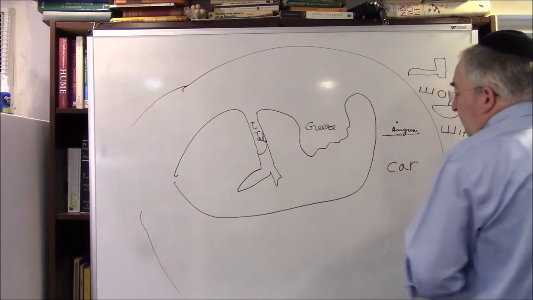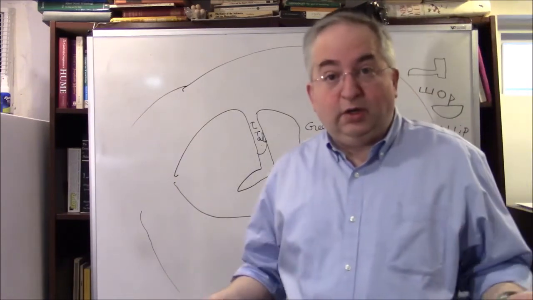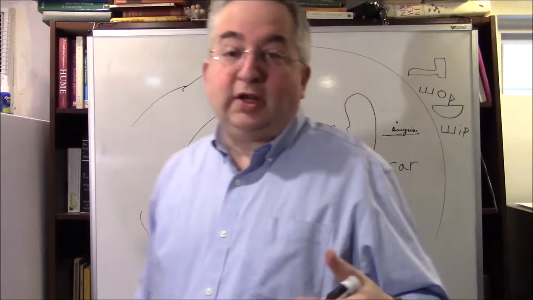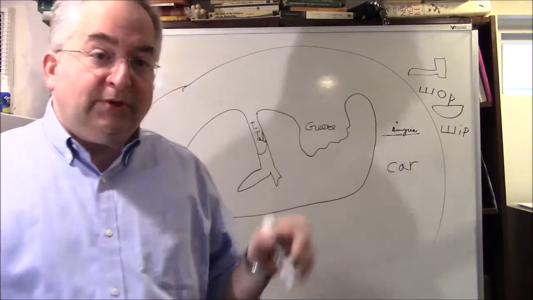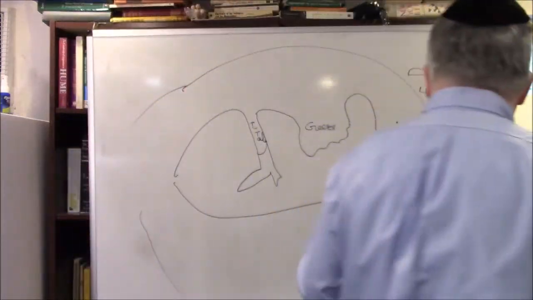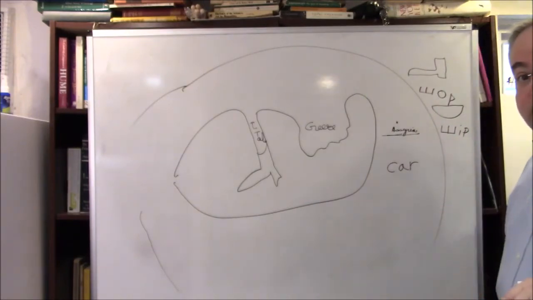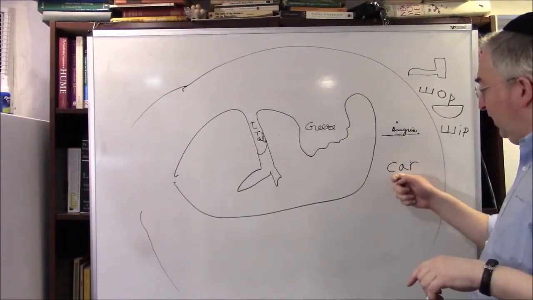car is an English word, okay? For us New Yorkers, we call it a car. It only has two symbols, C and O. But for non-New Yorkers, those poor people, they have car.